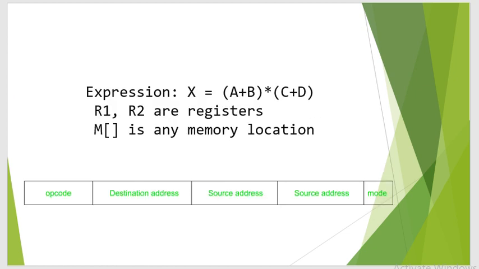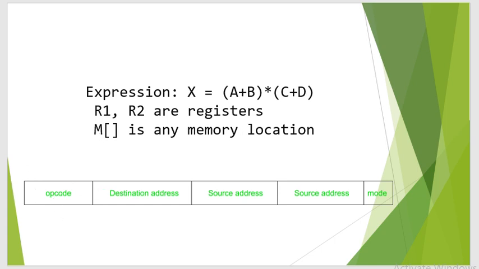So following the same instruction, X is equal to A plus B star C plus D, we followed R1 and R2 as the base registers, sorry, index registers. So the memory of X is denoted to the same memory location or different memory locations from the CPU.